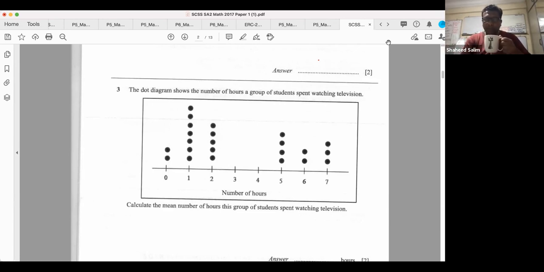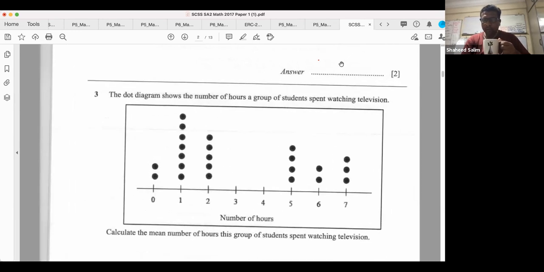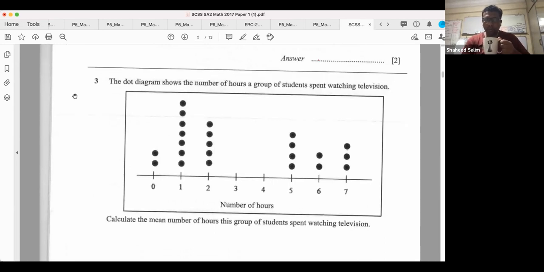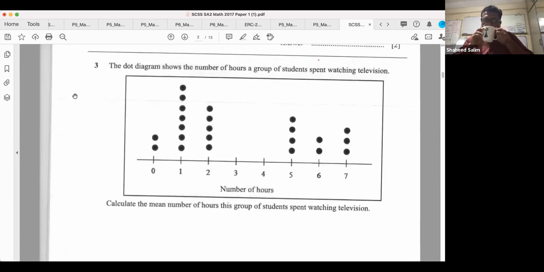Remember, mean is the same formula as total divided by the number.